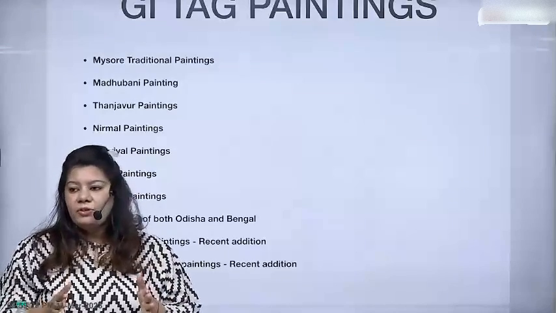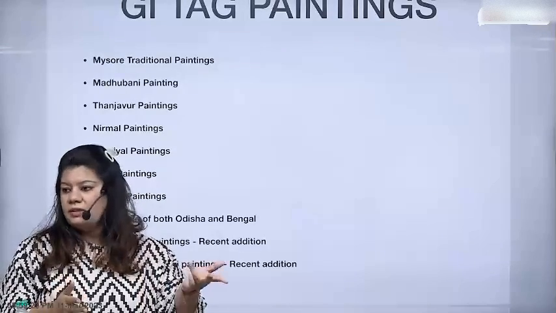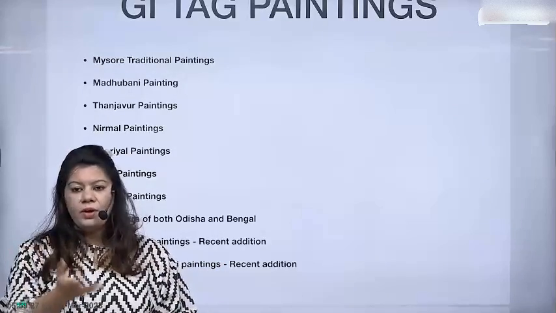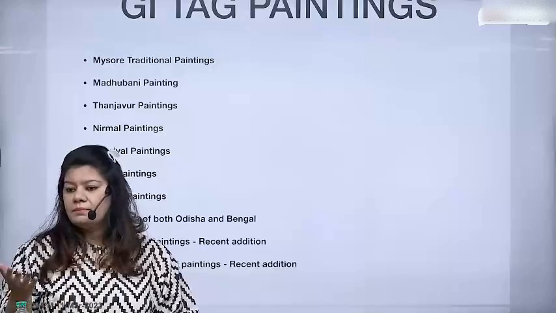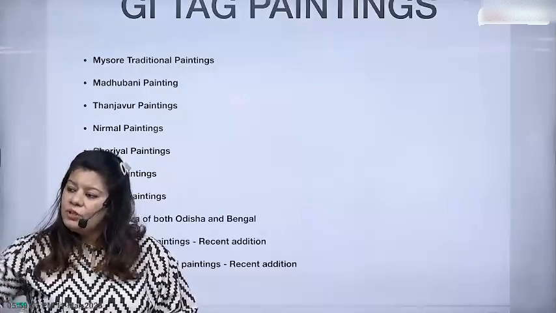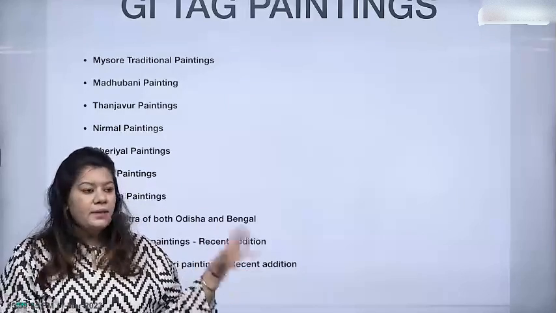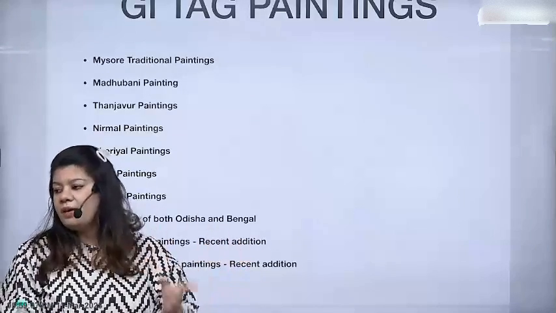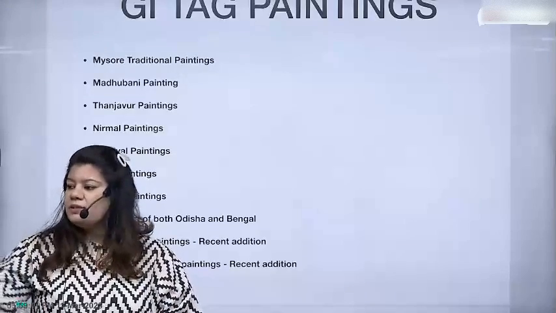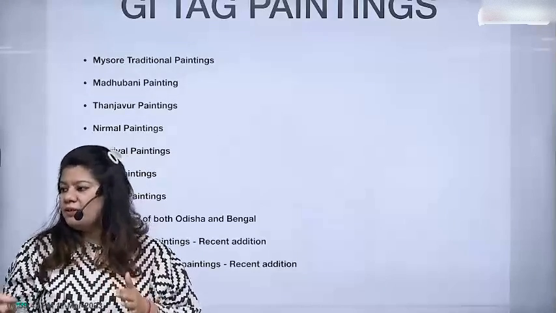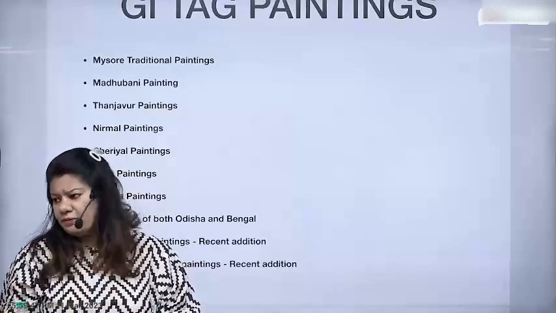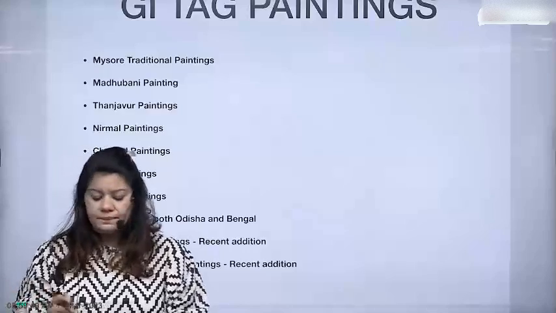Just the way he pointed out, Rasgulla is famous of Bengal also and Odisha also, right? So every region will have a peculiar taste. Similarly, Patachitras of Odisha and Bengal will be different to an extent. So Bengal is having a different kind of niche for Patachitra and Odisha will be having a different kind of niche, right?